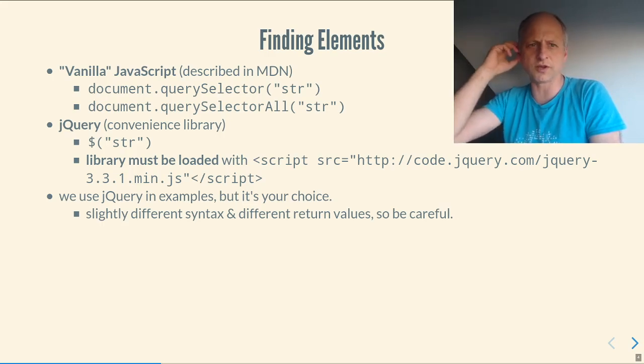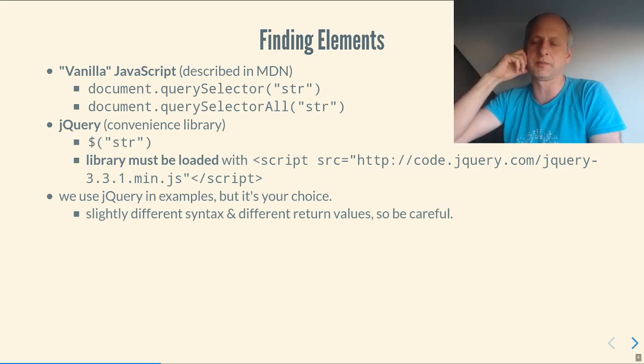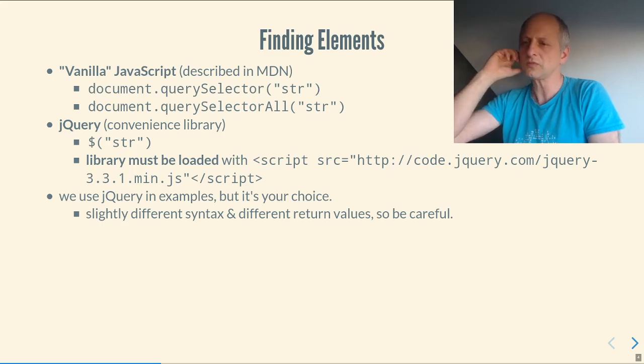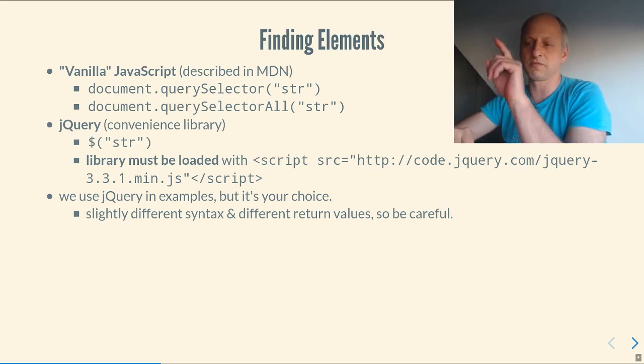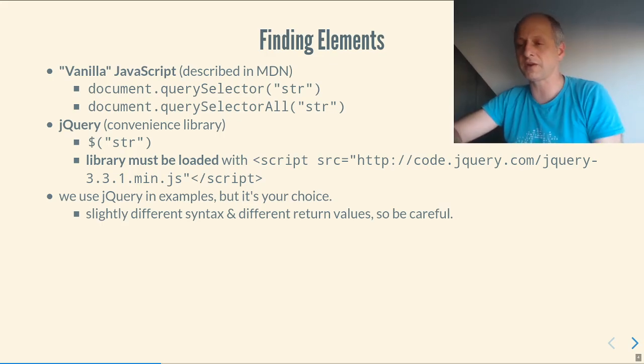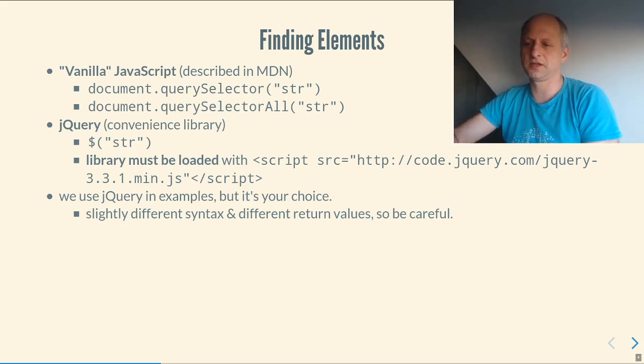That will return the first one that's found in the document tree, and querySelectorAll will return a list of all the matching elements that are found in the tree. In jQuery, you can write it a little bit more concisely. You use the magic $ variable, which when jQuery is loaded just means jQuery. It's shorthand for jQuery. And you would search for the string to find the relevant elements.